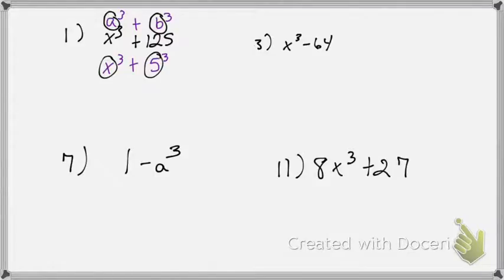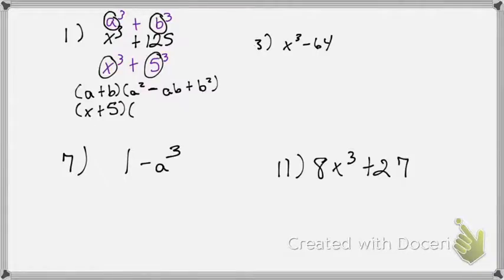Now, when we set up our formula, we know it's a sum, so we have the same sign, a plus b. Then we have a squared and opposite, so minus ab, and then always positive, so plus b squared. Now we just fill it in. Our first parentheses, we have x plus 5.